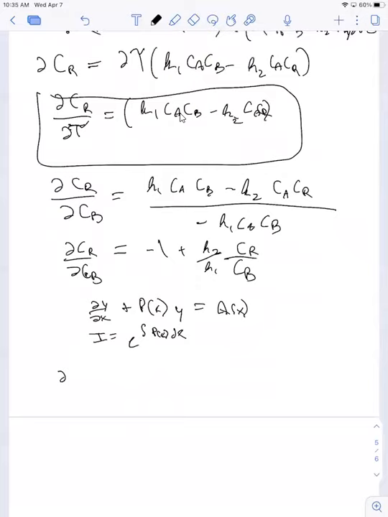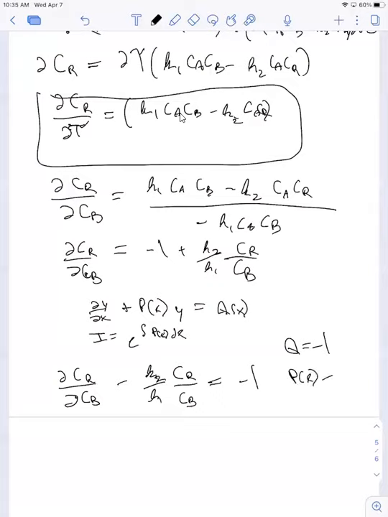So in this case, we have dCR/dCB minus K2 or K1 CR over CB equals -1. So our Q of X equals -1, and our P of X equals negative K2 over K1 times 1 over CB.